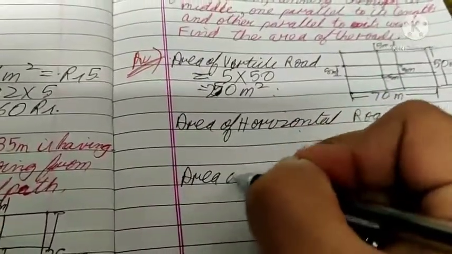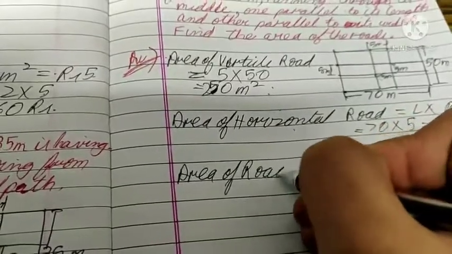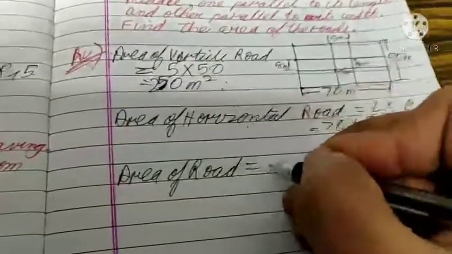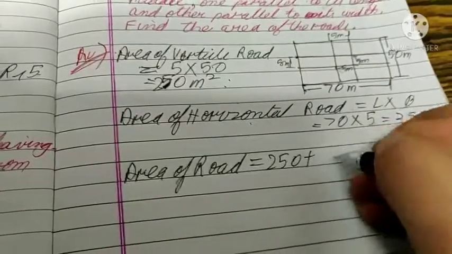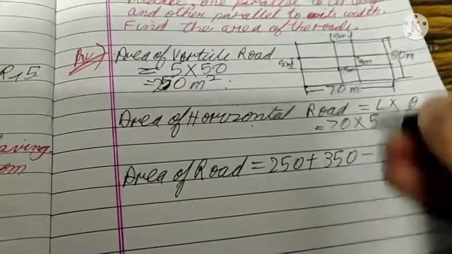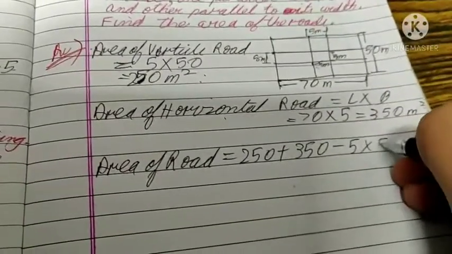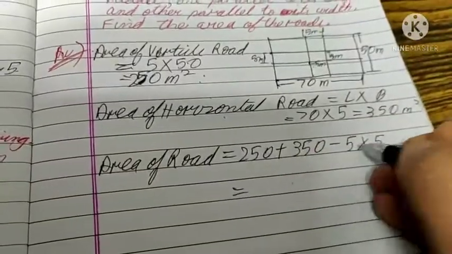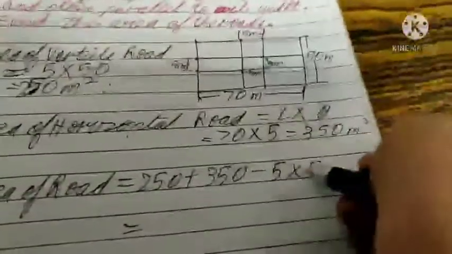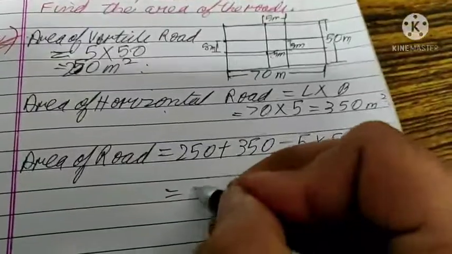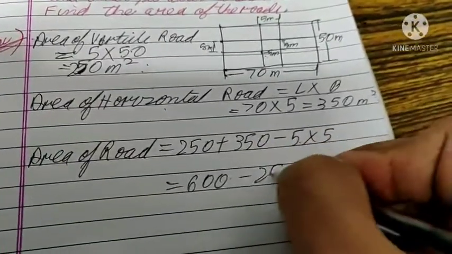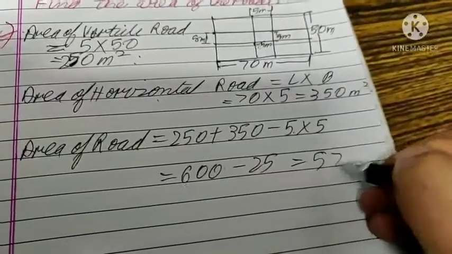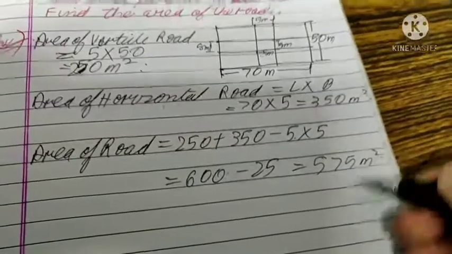So area of road is equal to area of vertical road plus area of horizontal road minus area of box. Area of box, it is a square, so 5 into 5. So it is 600 minus 25, that is 575 meter square. It is the answer.